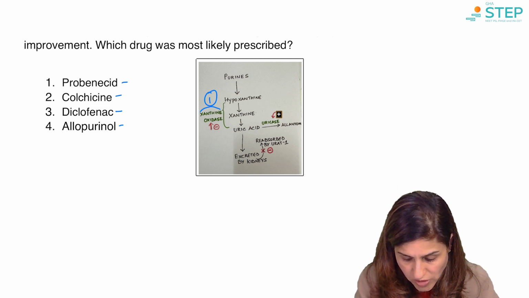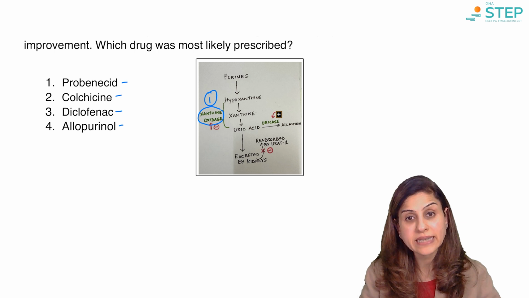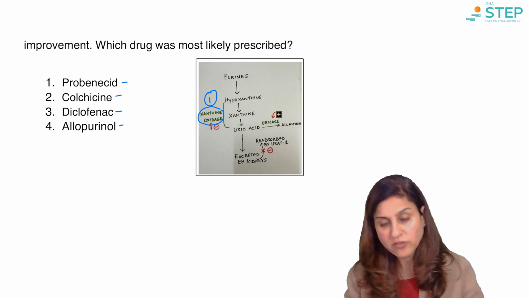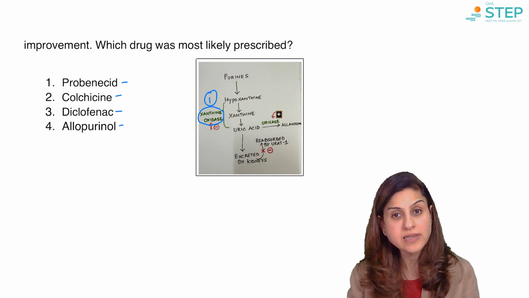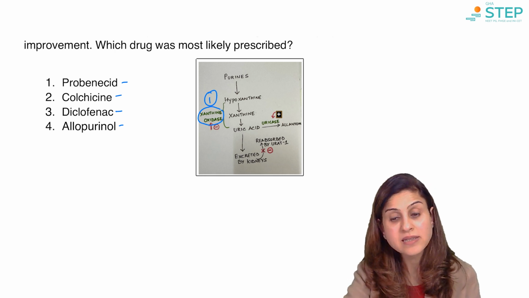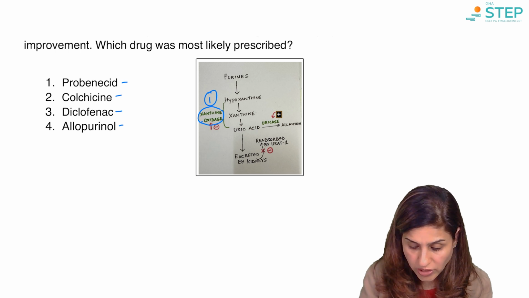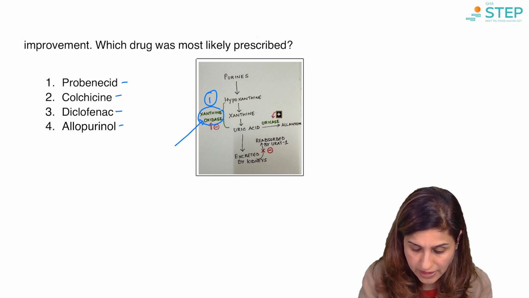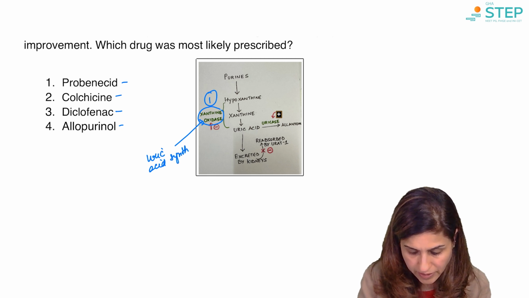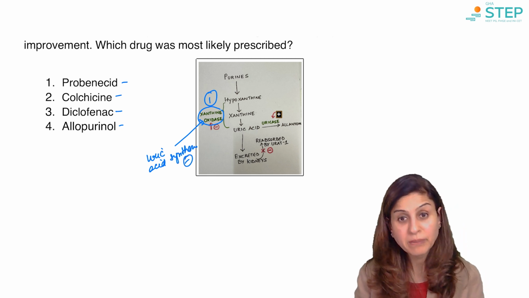There's an enzyme, xanthine oxidase, which is responsible for the formation of uric acid. If you inhibit this enzyme, there will be a decrease in the synthesis of uric acid. The drugs which block this are called uric acid synthesis inhibitors.